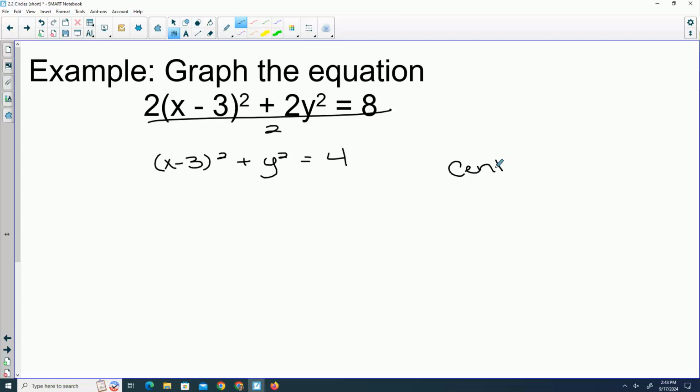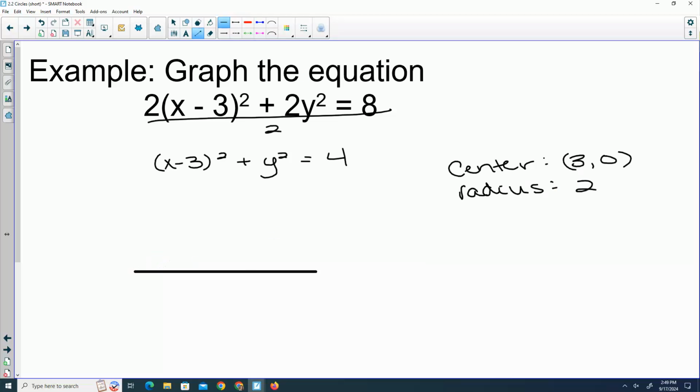So what's our center? (3, 0), since there's nothing with the y. What about our radius? So you would start at (3, 0) into every direction.